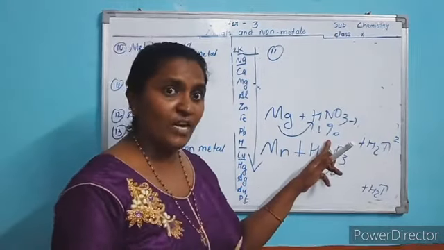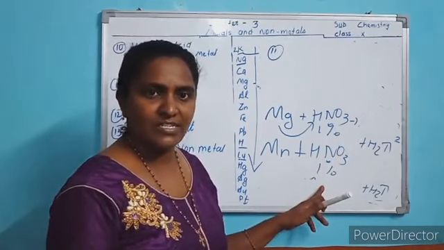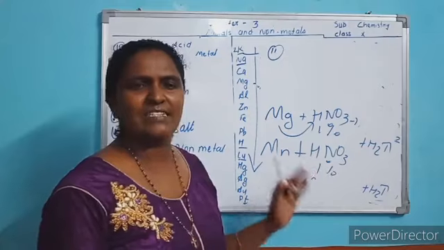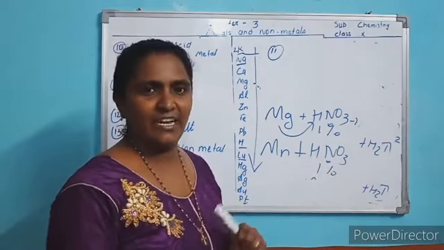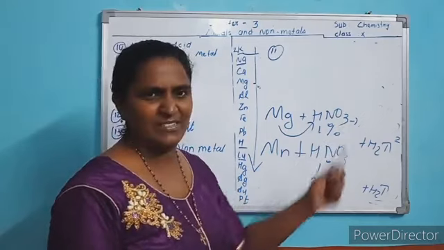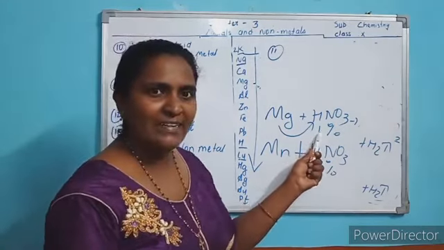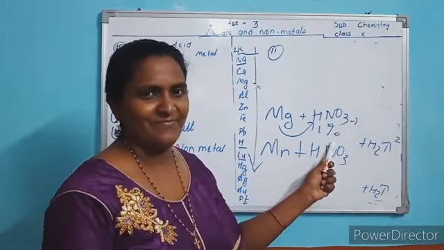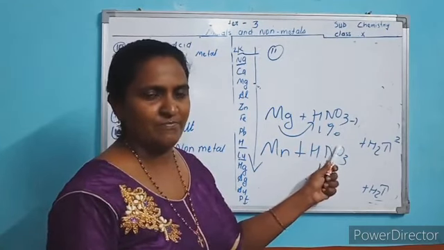Under what condition? At a very, very low concentration, highly diluted acid, 1% acid. Understood? That means 1 gram of nitric acid in 100 grams of solution.